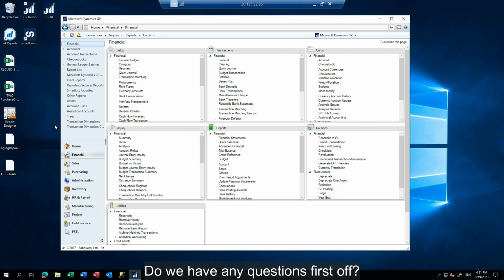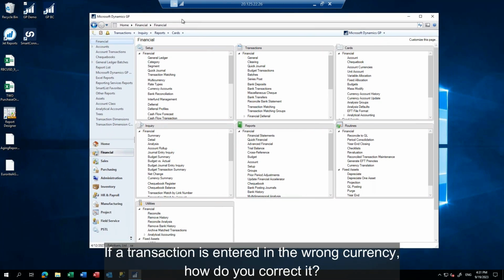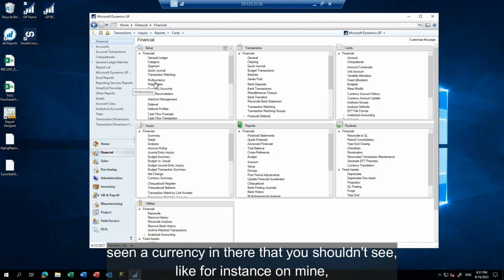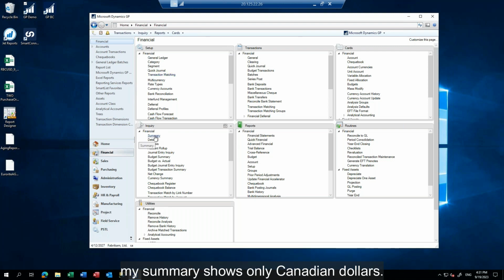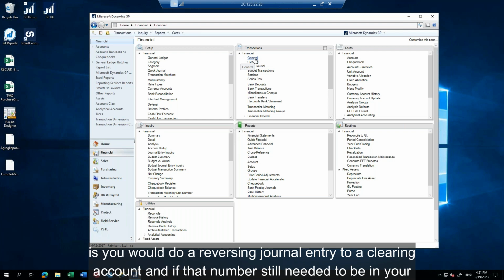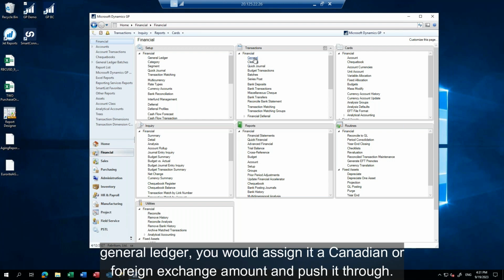Do we have any questions, first off? Yeah, just one question. If a transaction is entered in the wrong currency, how do you correct it? Okay, so if a transaction's been put in the wrong way and you've seen a currency in there that you shouldn't see, like for instance on mine, my summary shows only Canadian dollars. If you saw a US transaction or a Euro transaction, what you would do is a reversing journal entry to a clearing account, and if that number still needed to be in your general ledger, you would assign it a Canadian or foreign exchange amount and push it through.